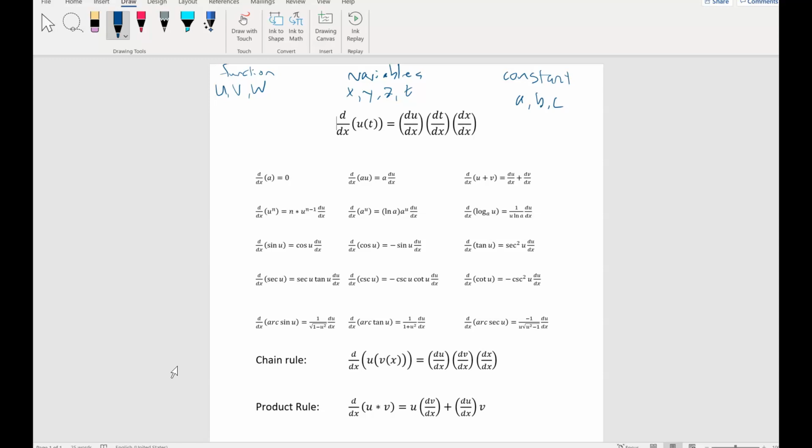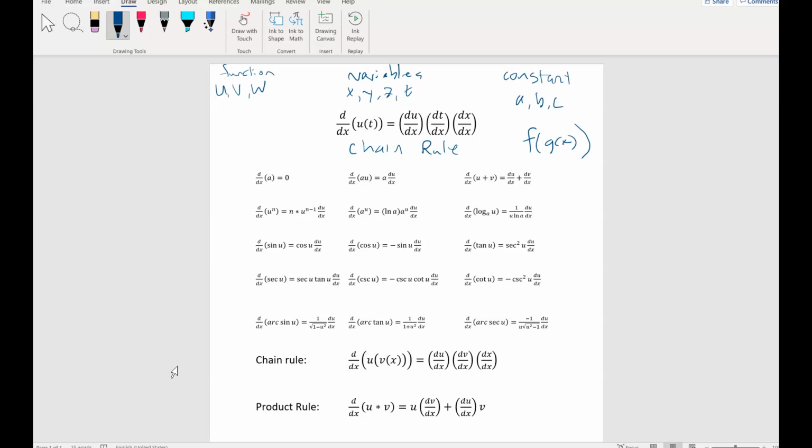Okay, so let's see if we can make sense of this sheet. The very first thing you see at the very top is what is called the chain rule. From pre-cal, you learned that we can have what are called composite functions. You may have seen this, f of g of x. You remember that? That represents a function inside of a function.